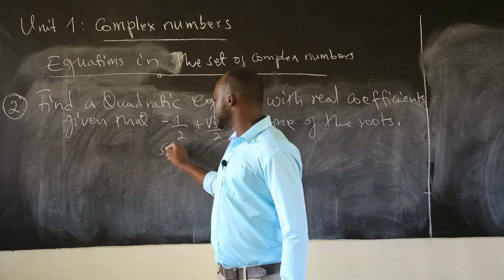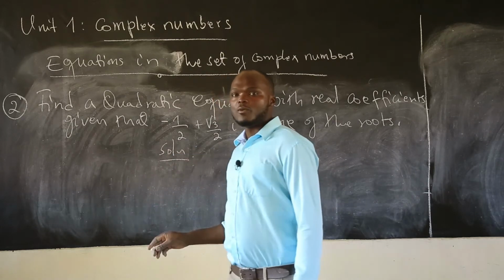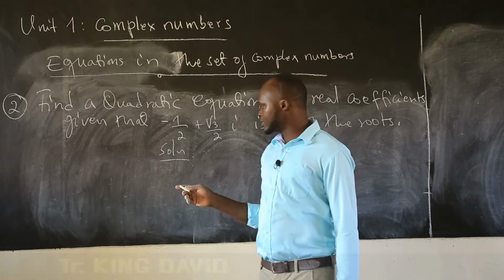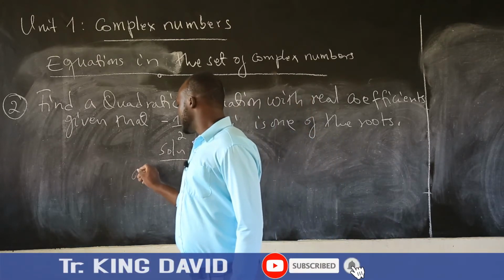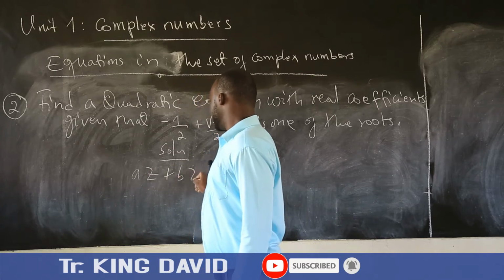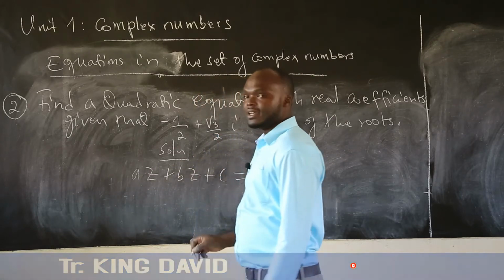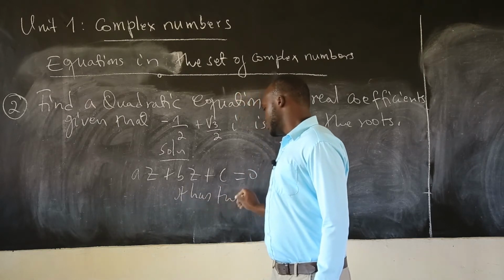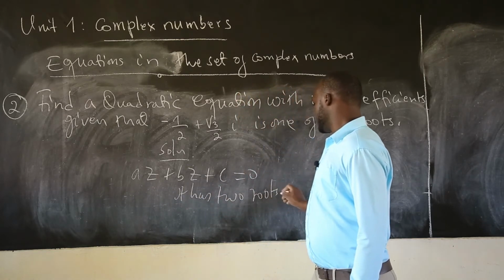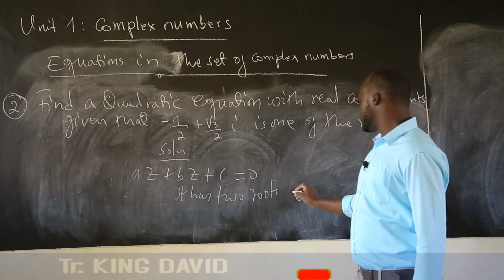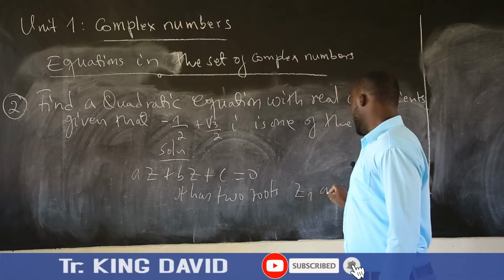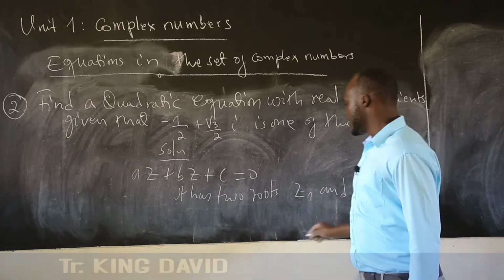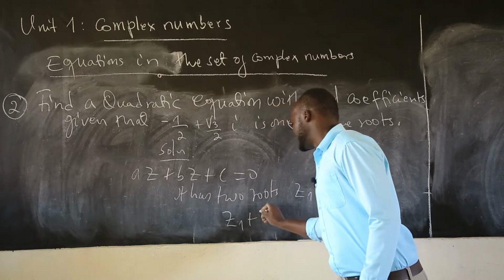So in complex numbers, when you're given one of the roots, remember a quadratic equation in the form az squared plus bz plus c equal to 0 has two roots, which are z1 and z2.